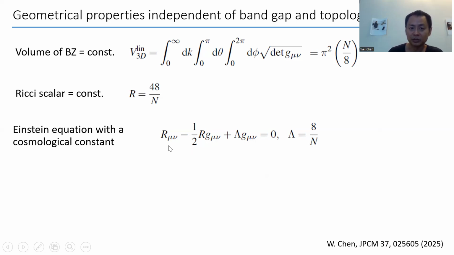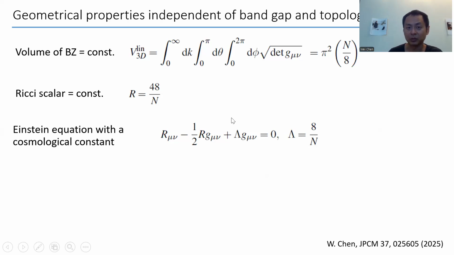So this is the usual Einstein equation. If you don't have any mass, then the right hand side will be 0. And this is satisfied with a constant cosmological constant. It turns out that you can simply contract this equation with the inverse of the metric. Then you will see that the fact that the cosmological constant is finite and the fact that the Ricci scalar is constant are basically the same thing.